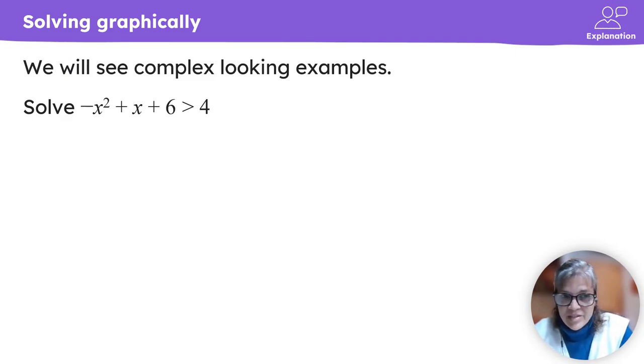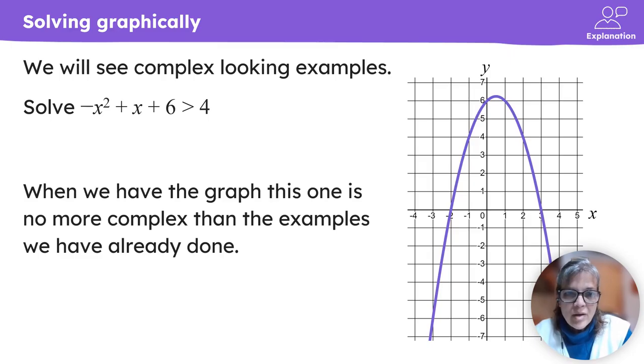Sometimes you'll see complex looking examples where you have a whole quadratic looking like the general form of a quadratic, but it's no more complex than the examples we've already done if it's already graphed. Here I'm looking at the graph of minus x squared plus x plus 6 is equal to y.